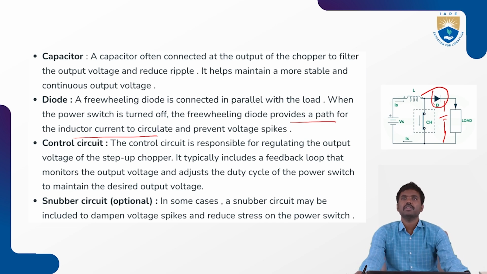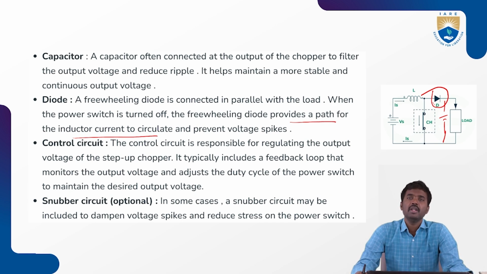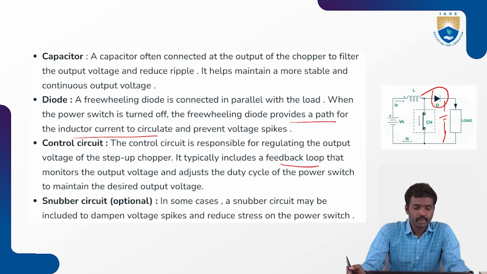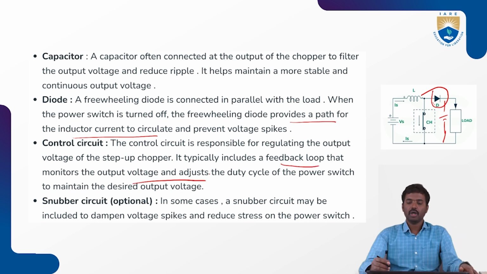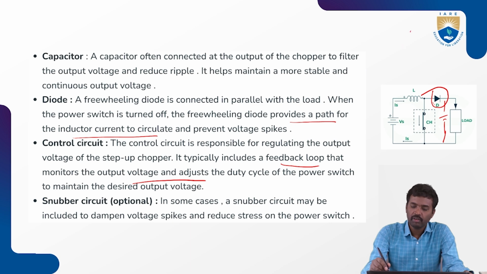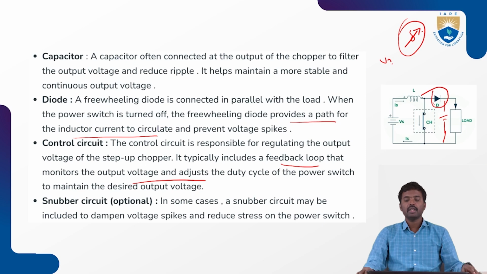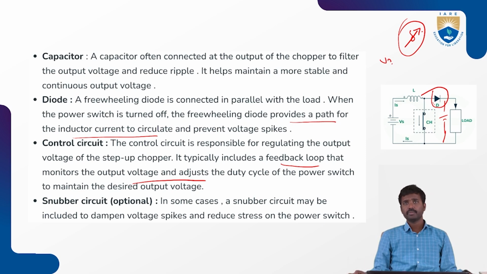And here the control circuit is responsible for regulating the output voltage of the step up chopper. It includes the feedback loop that monitors the output voltage and adjusts the duty cycle, and we will get the output voltage. Another one is the snubber circuit for the semiconductor devices.